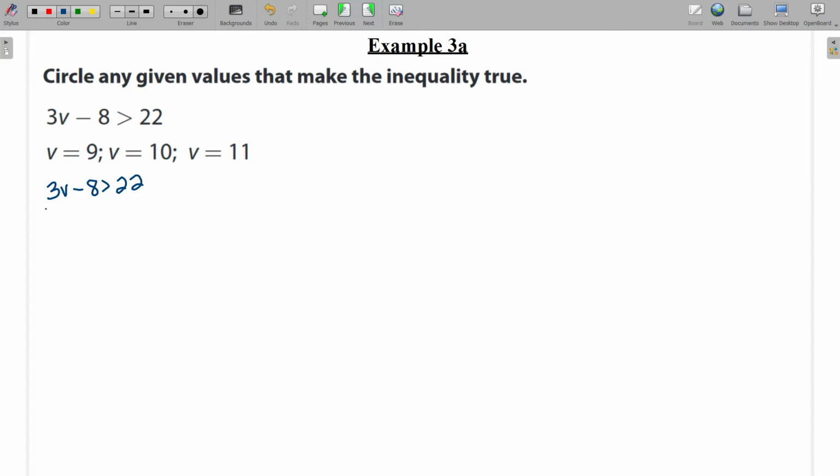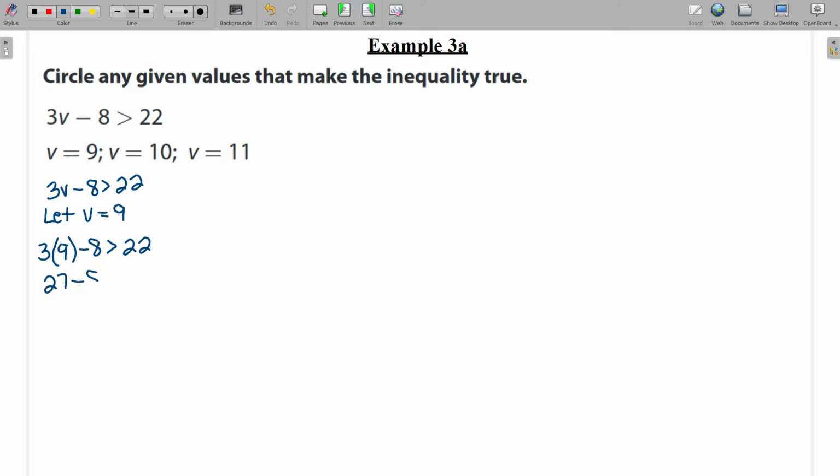And then I'm going to come down here and say let v equal 9. And then in my inequality, I'm going to replace the v with a parentheses and a 9. So that's going to give me 3 times 9 minus 8 greater than 22. Now when I take 3 times 9, that's going to give me 27.